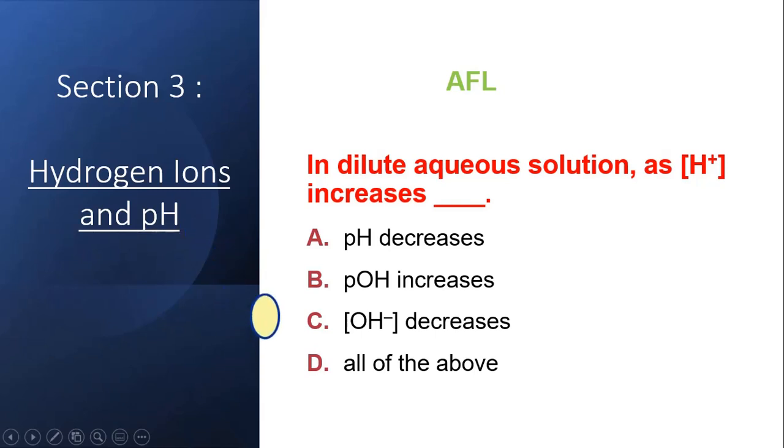You will think about it correctly, so you will get all of them above. So if H positive increases, then pH decreases, you will have more acidity. Then pOH will increase if pH decreases, because these are inverse to each other. The concentration of OH negative will decrease.